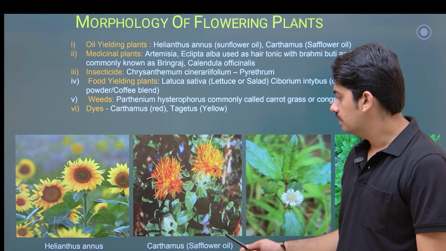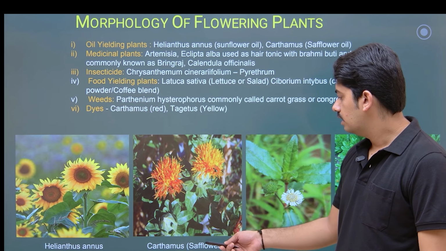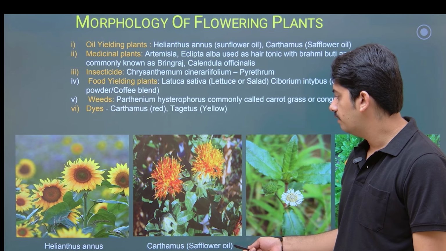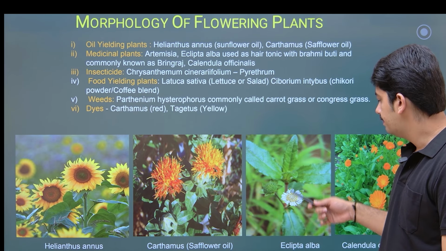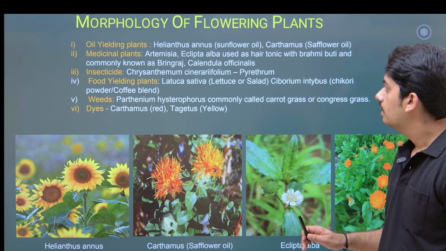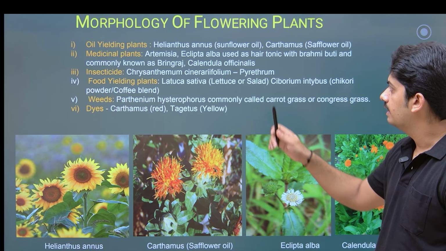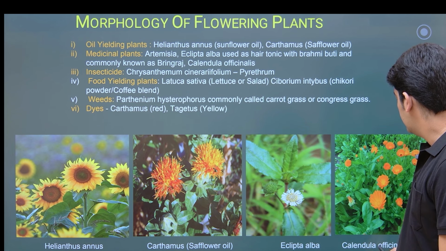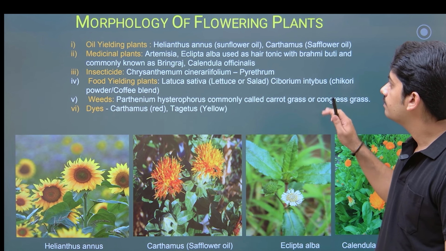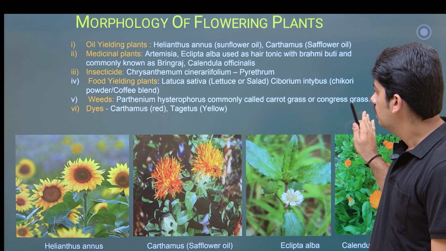And this is Carthamus, safflower, from which safflower oil is obtained, this is the plant. Then Eclipta alba, these are some of the examples given here. Medicinal plant, and this is Calendula officinalis, again one more medicinal plant.